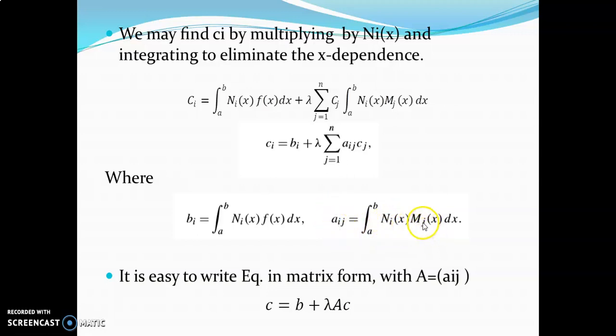There is an index i over here and j over here, so as i and j change, this constant also changes. So this equation can be written as Ci is equal to bi plus lambda summation j goes from 1 to n aij cj. So this is easy to write in matrix form with aij as matrix A.